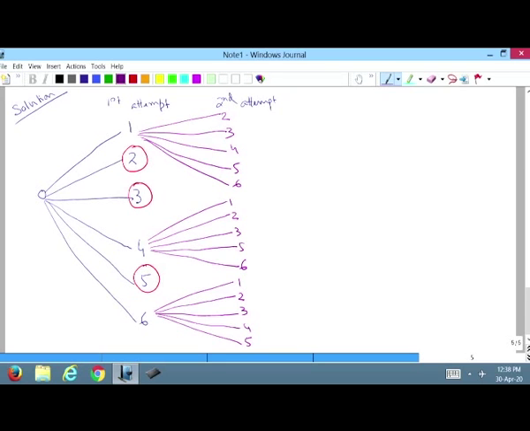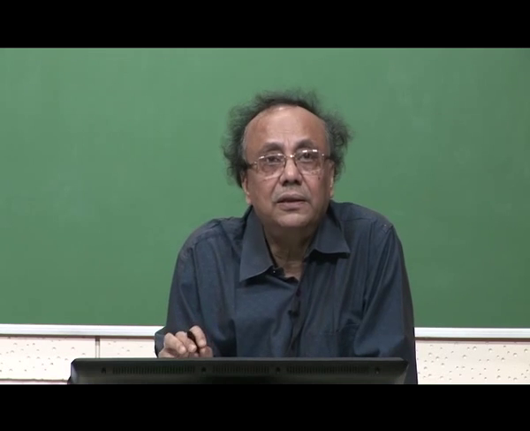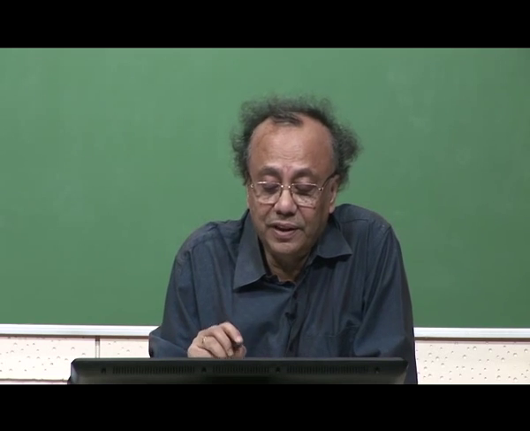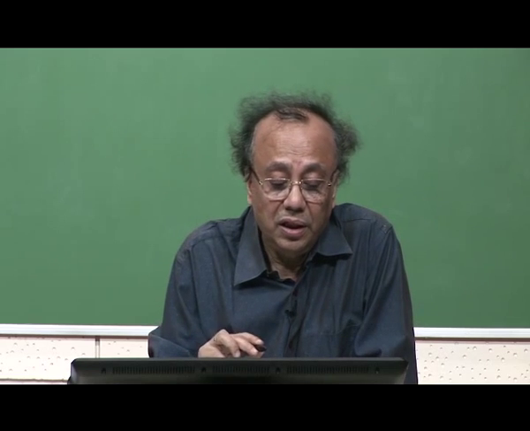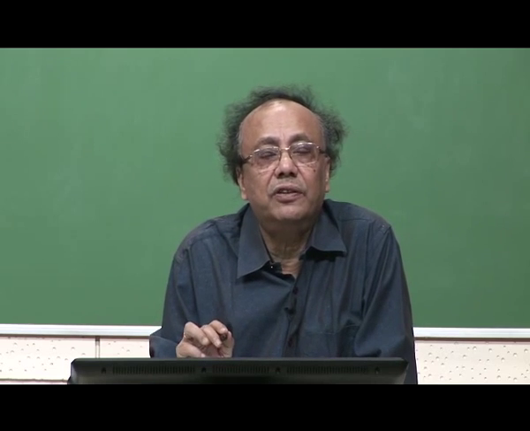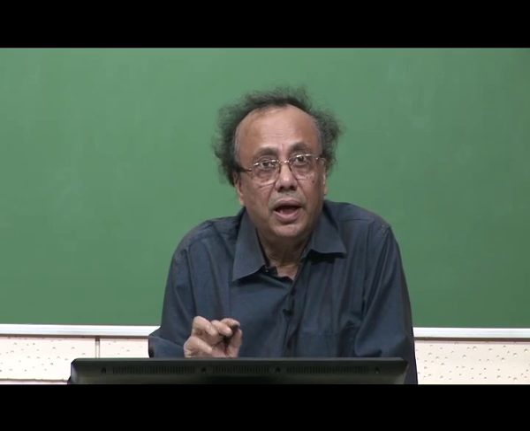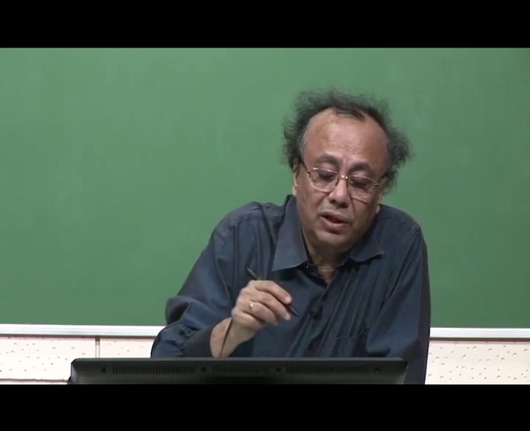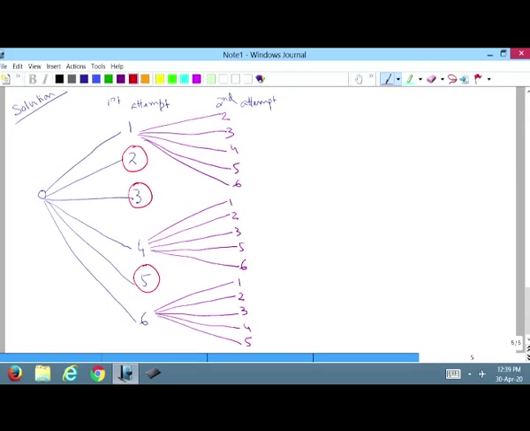Now, let us go back to the experiment. It says that if this is a prime, then we stop, or if the two numbers that we have picked up both are even, then we stop, else we continue for the third attempt. So, let us look at when we stop. This is where we stop, this is where we stop, and this is where we stop.